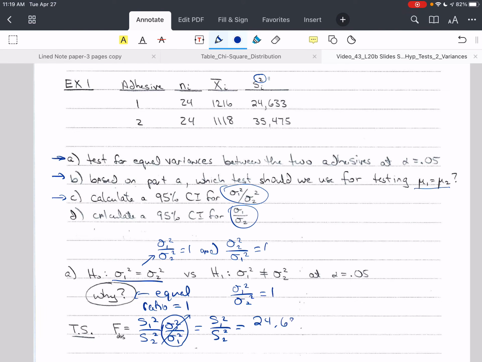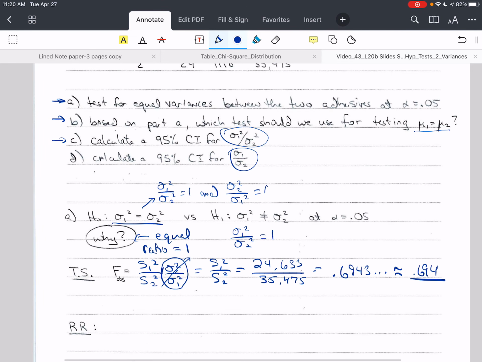24,633 over 35,475 equals 24,633 divided by 35,475 gives me 0.6943. I'm going to do this to 3 decimal places. 0.694 is going to be my test statistic value.